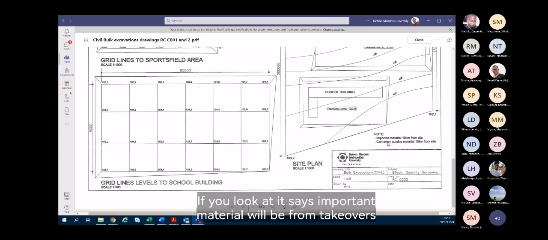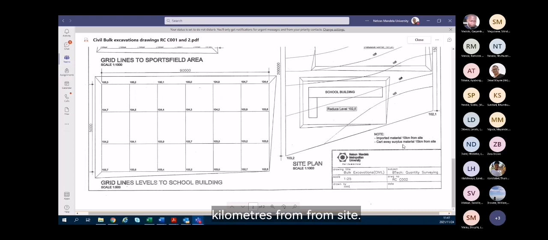If you have a look over here, it says imported material will be from 10 kilometers from site, and carting away surplus material will be 15 kilometers from site overall. And I need to work out excavations, not concrete structures.